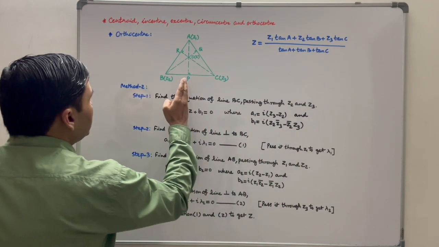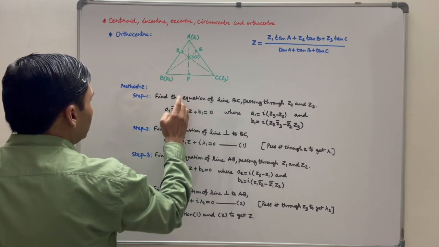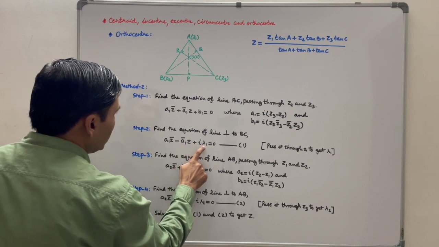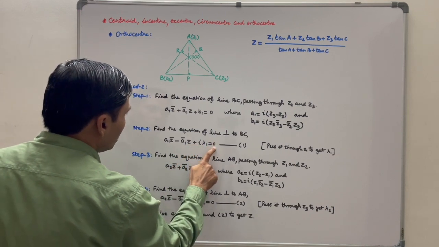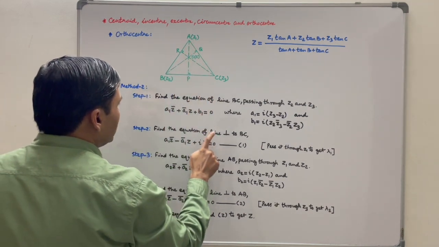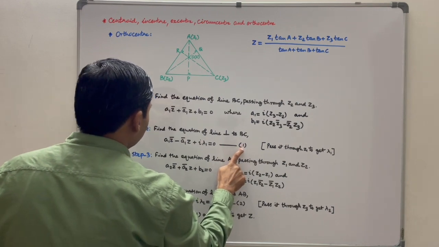Next, we will find the equation of a straight line that is perpendicular to BC. It is given by A1 Z bar minus A1 bar Z plus i lambda 1 is equal to 0. We will pass this line through Z1 to get lambda 1. Suppose this is equation number 1.